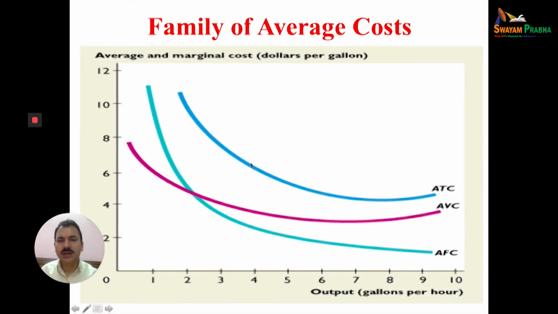See, now this is very interesting. Average fixed cost will decrease with the increase of output. You can see with the help of this green curve that average fixed cost is decreasing as output quantity increases. Similarly, average variable cost will also decrease, but after some point it starts increasing.